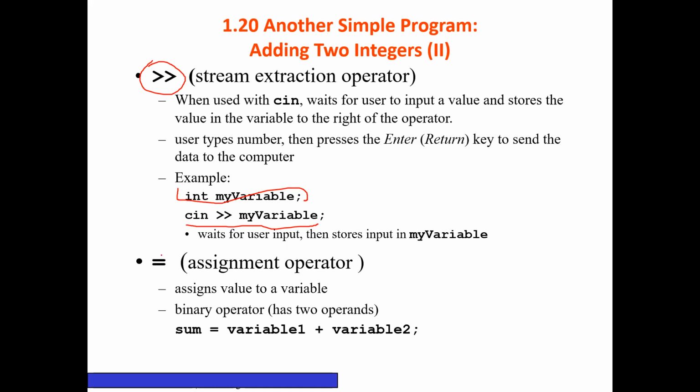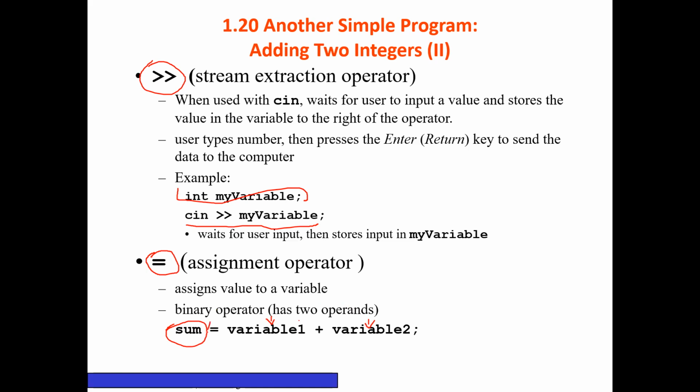And this equal to is used for assigning a value to the variable from the program. For example, suppose we have a variable sum and two other variables, variable 1 and variable 2. If you want to add the value in variable 1 and the value in variable 2, and store the result after adding into the variable sum, we can use this equal to sign.